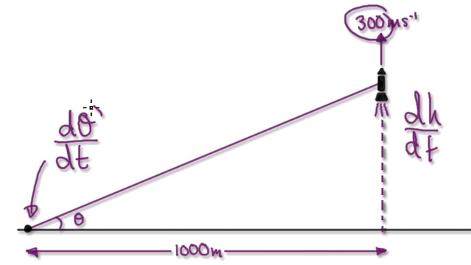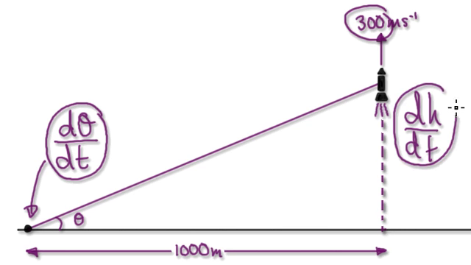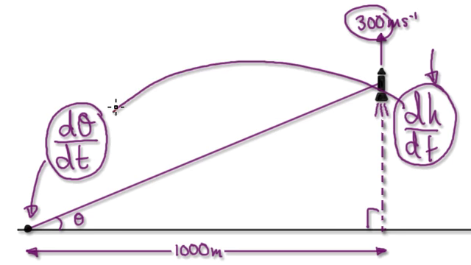As far as the rocket is concerned, it only cares about dh by dt. But then there's a connection by using Pythagoras or trigonometry that allows you, when given the speed of the rocket, to actually jump to d theta by dt.